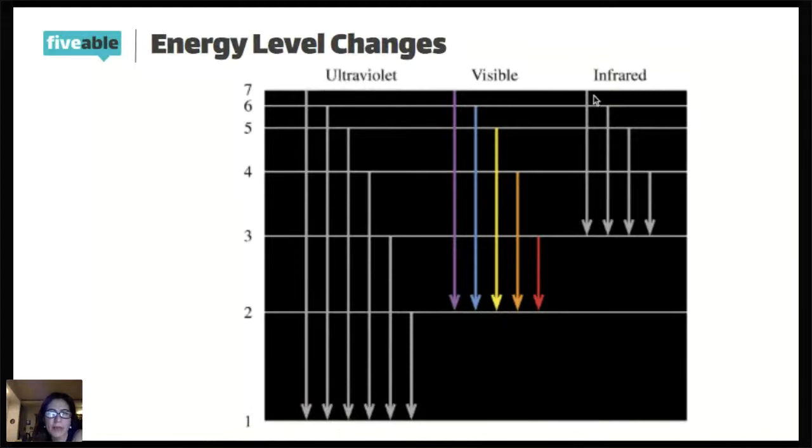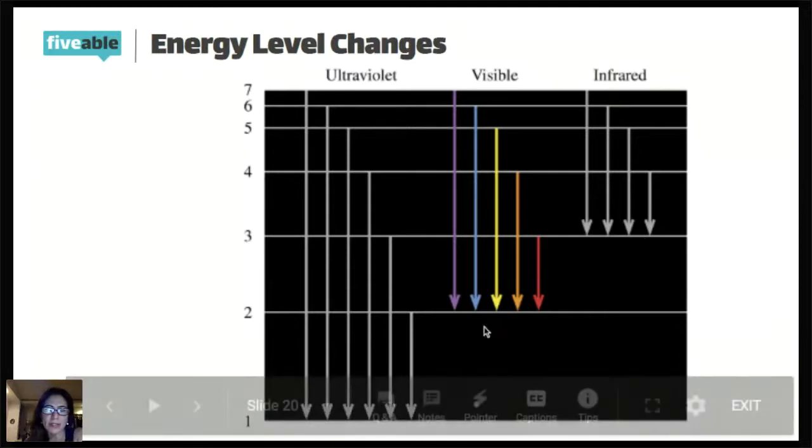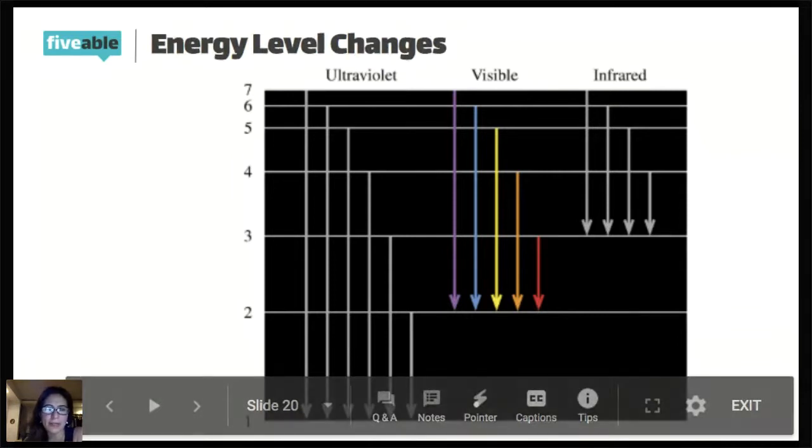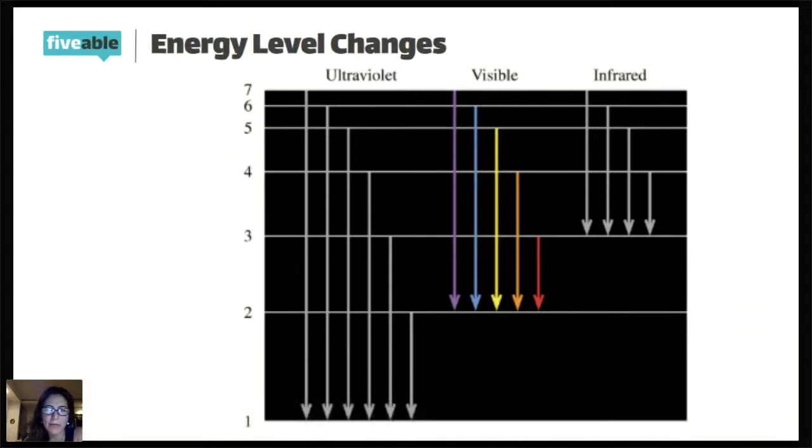If the jump down is to the 3rd level, our eyes also won't be able to capture it because it's in the infrared portion of the electromagnetic spectrum. So we're just going to see the ones that jump back down to the second energy level, because that's the energy that our eyes capture as visible light. Any questions here?